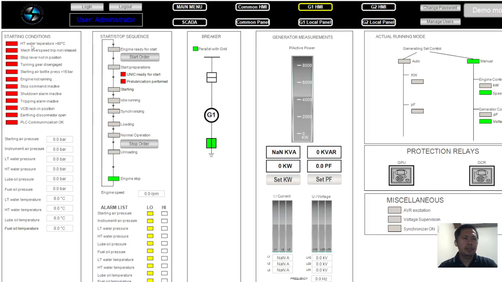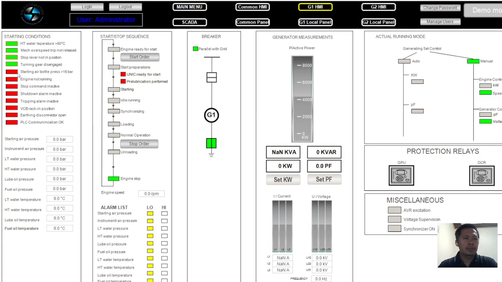For example, the HT temperature must be above 50 degrees. All of these conditions must be considered if you are an operator. This is your checklist. All of these must be met before we can start the engine.